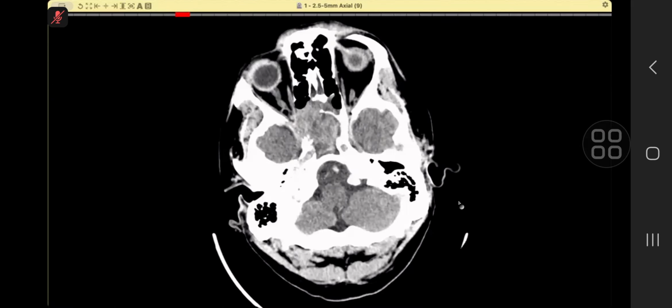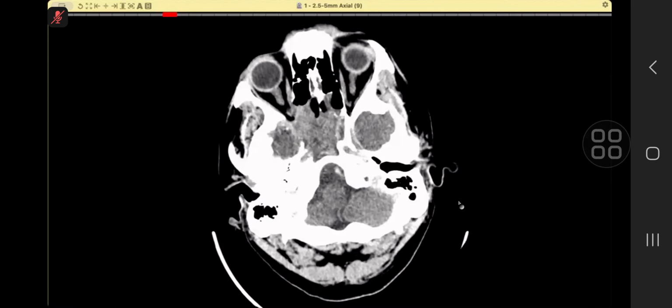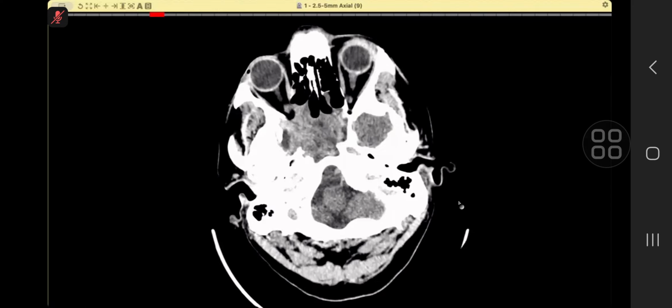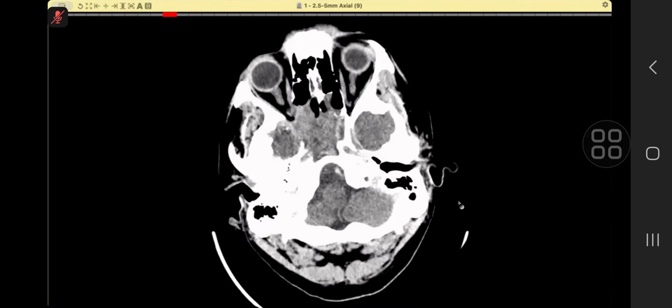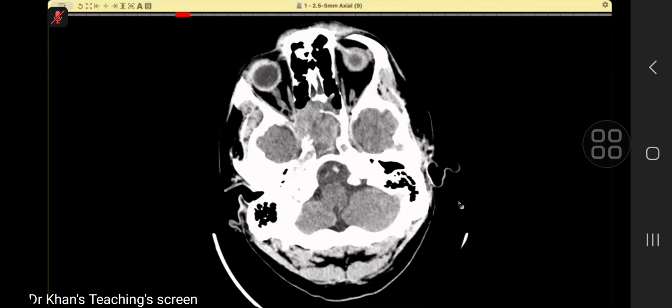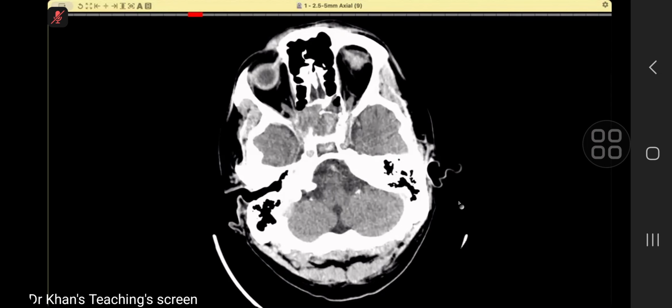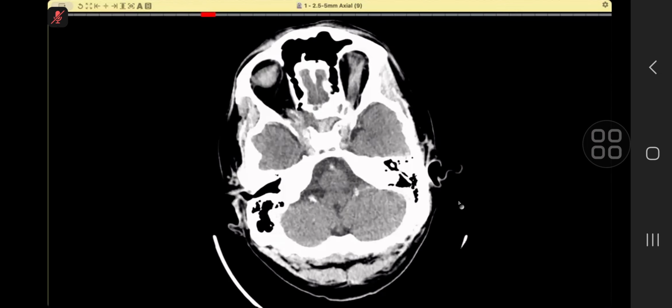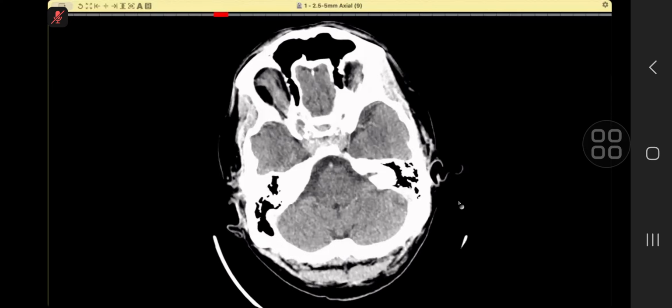Okay. Yes, sir. So I can see a soft tissue density mass noted in the region of the sphenoid sinus and the posterior nasopharynx, and it seems to involve the base of the skull, eroding the base of the skull more so on the right side. It seems to involve the sphenoid bone as well, and it is extending into the nasopharynx posteriorly and extending upward to involve the.